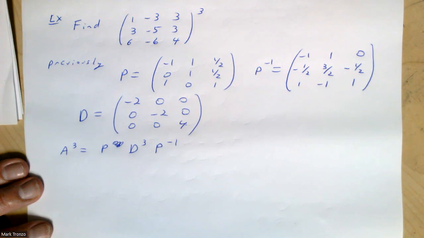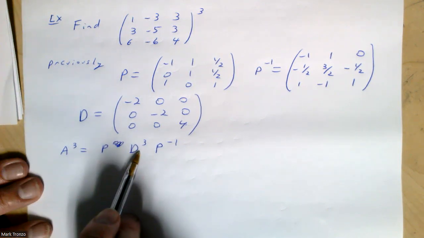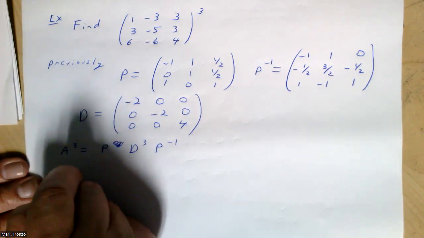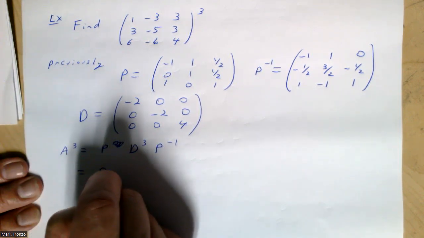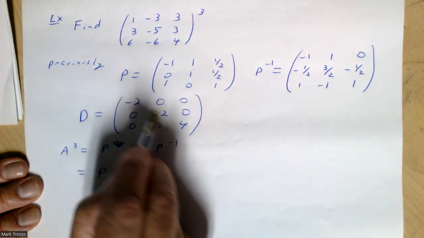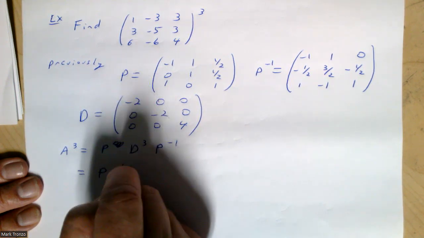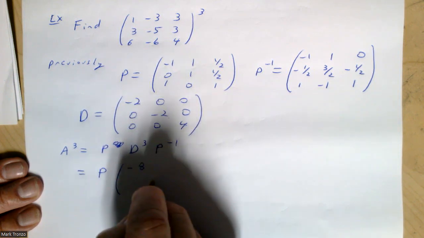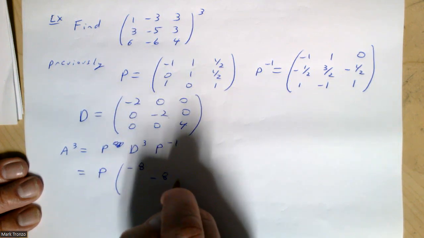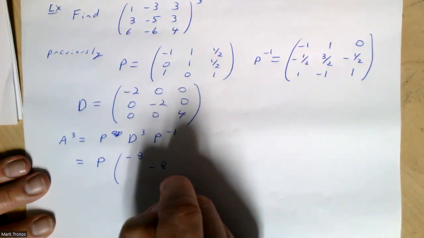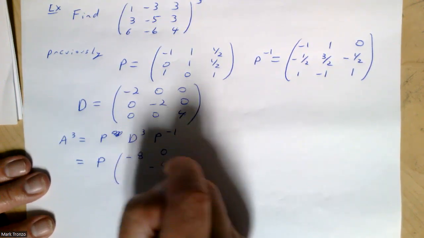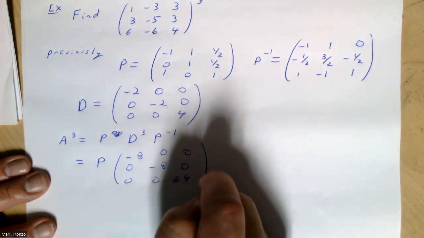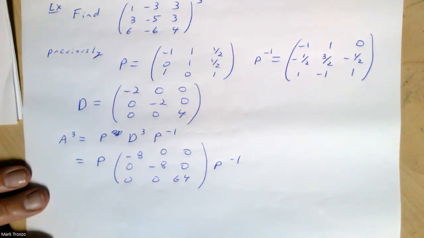And if we cube this, which means cubing the diagonal matrix, that's going to simply be P times the cubed diagonal. What's that going to be? Minus 8, minus 8, and 64. Then the inverse.